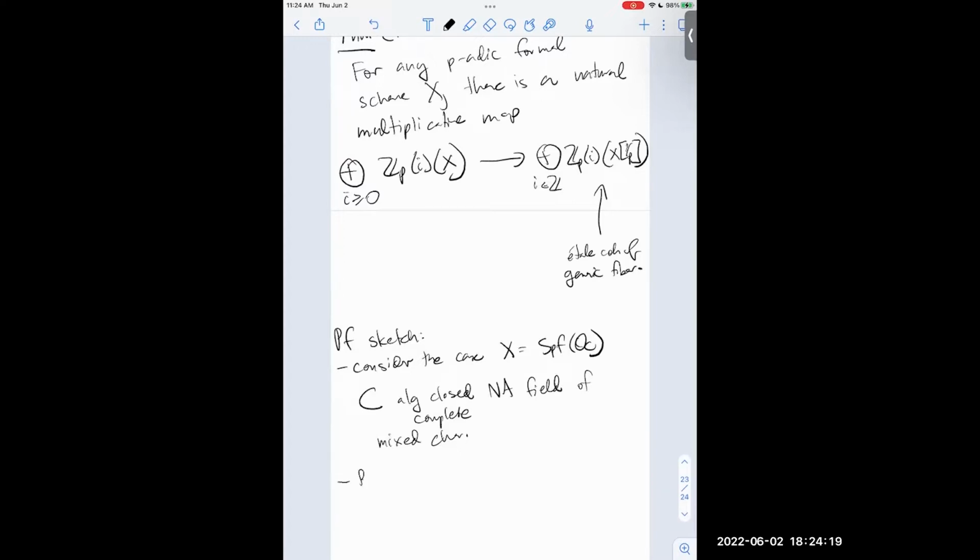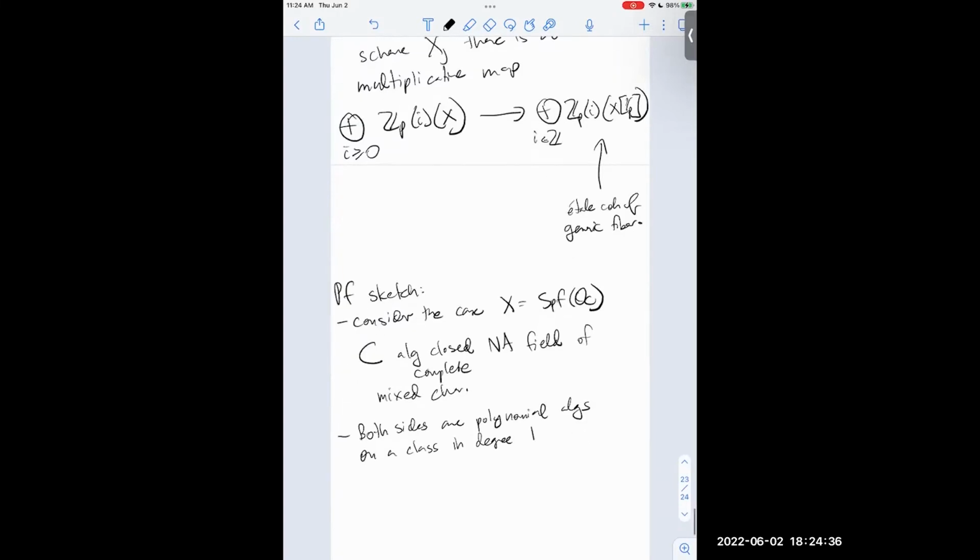And in that case, both sides are polynomial algebras on a class in degree 1. Well, for example, that comes from the system of p-power roots of unity.